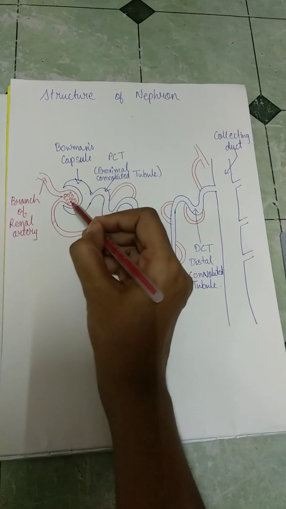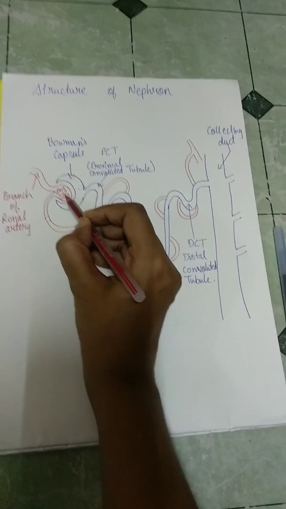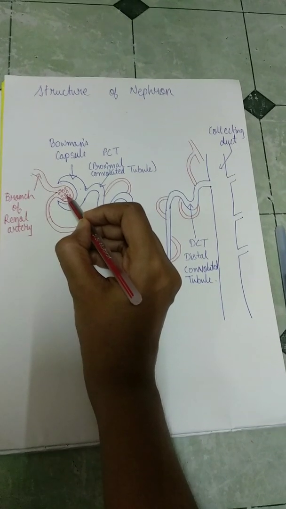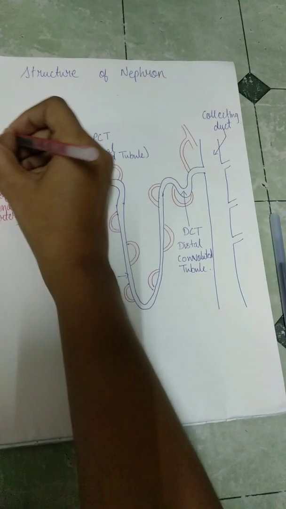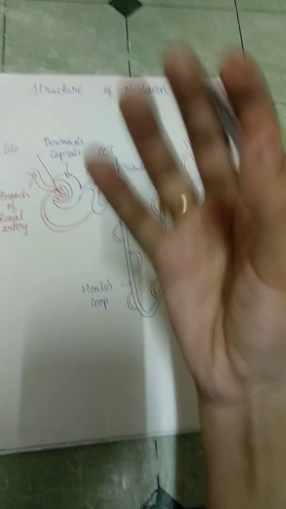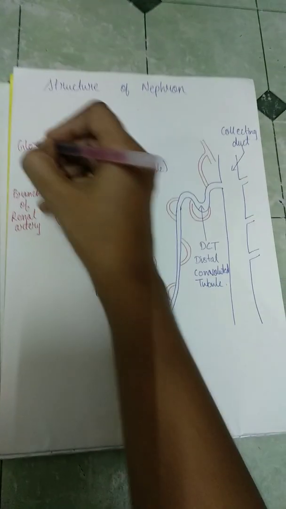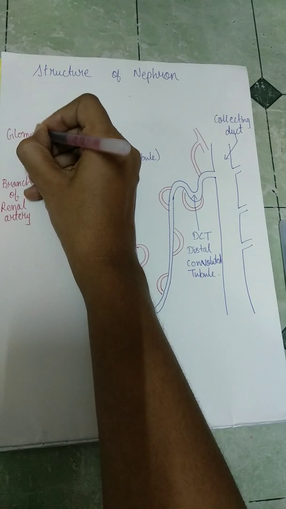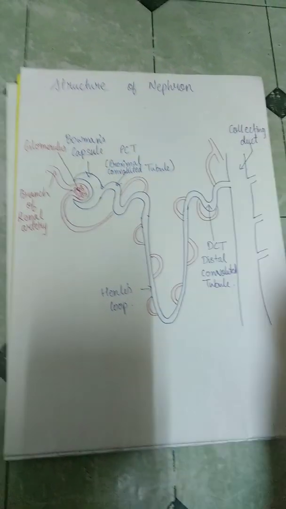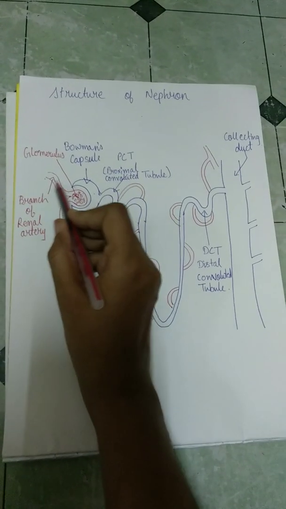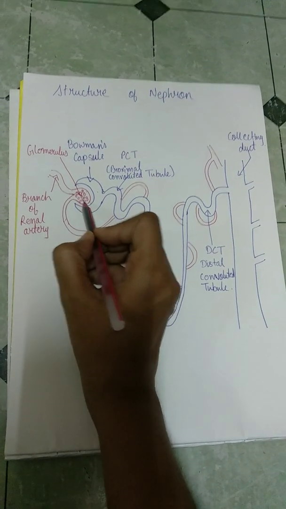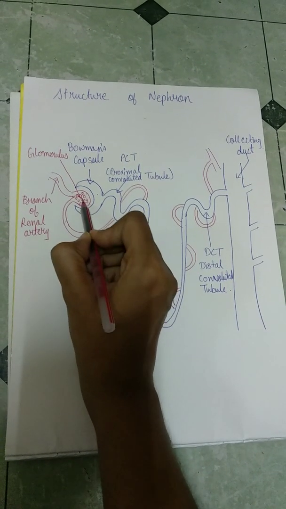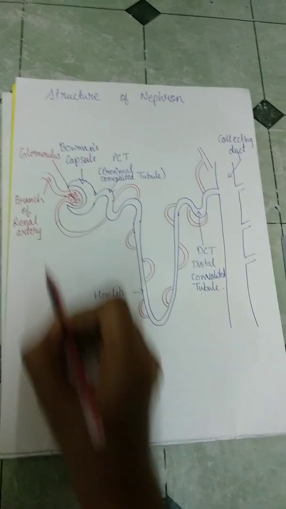So this structure is given a special name, and it is called glomerulus. You will label this tuft or knot of capillary as glomerulus. This branch of renal artery divides into a number of capillaries, and this group of capillaries is given the name glomerulus.